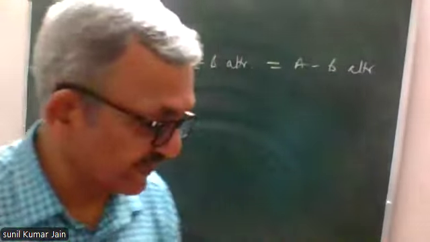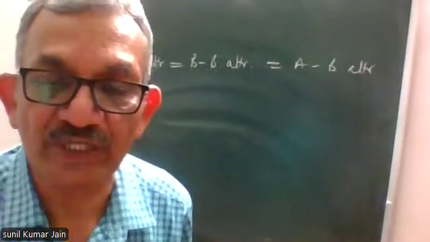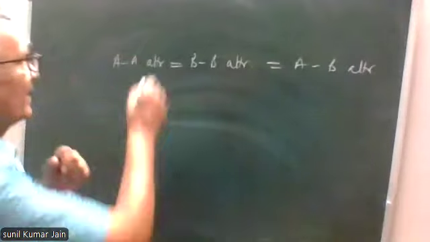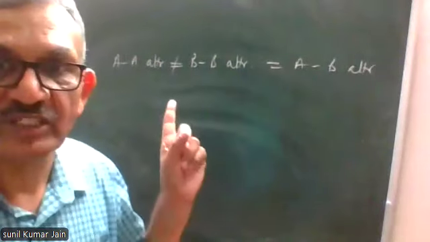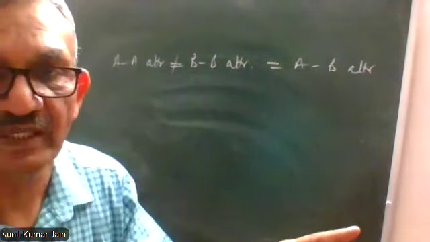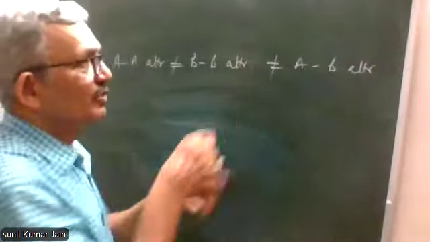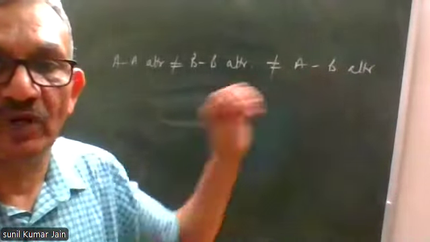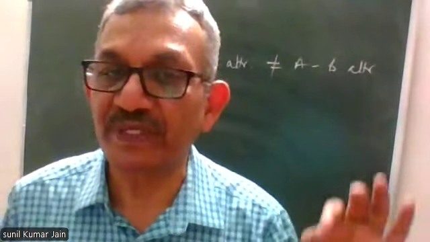Now coming to non-ideal. Non-ideal will be opposite. In this case, AA attraction in the pure state will not be equal to BB attraction in the pure state. Due to this, new attraction between A and B formed will also be different.